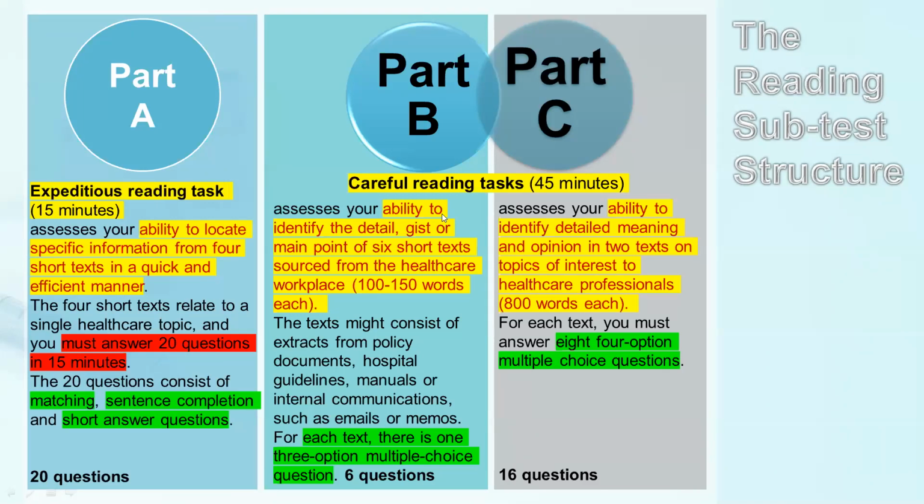Each text is 800 words, and you must answer 8 4-option multiple choice questions for each text. So the sum of questions is 16. This is regarding the structure of the second subtest, which is the reading subtest.